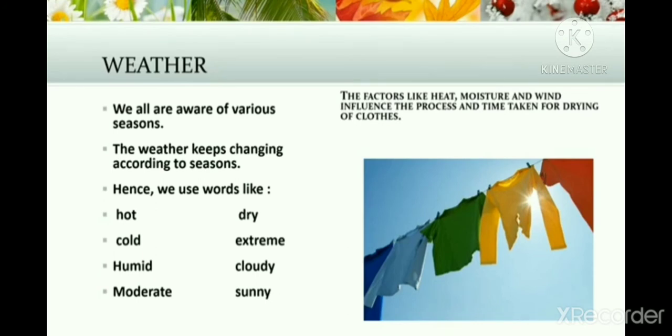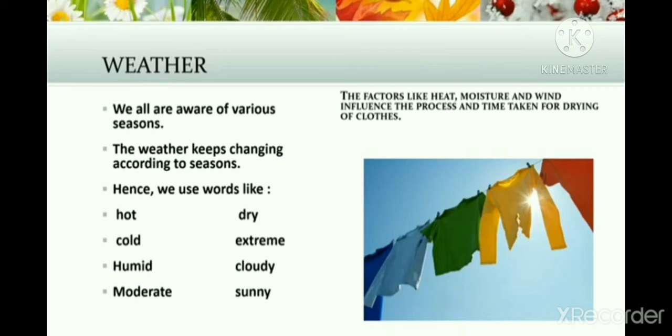Now, factors like heat, moisture and wind influence the process and time taken for drying of clothes. Hence, we have seen in the activity why drying clothes differs at different places. It is because moisture and wind are the main active agents that take part in drying clothes at different places at different times.